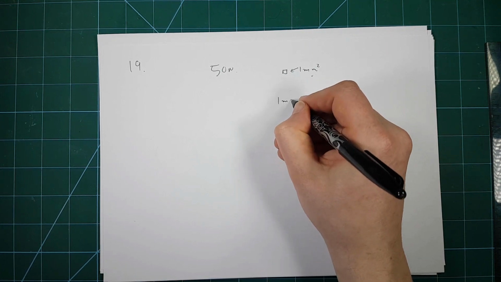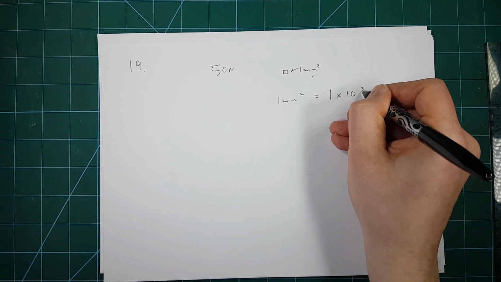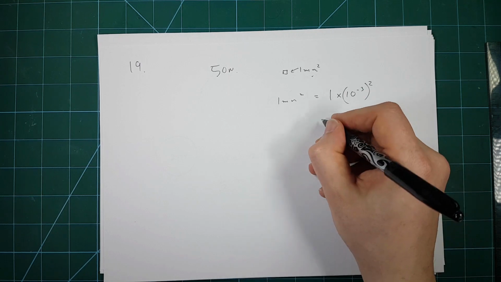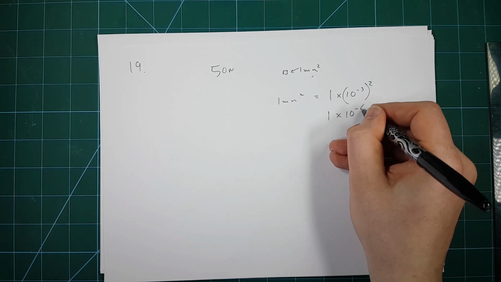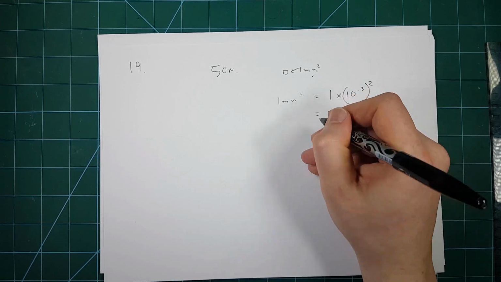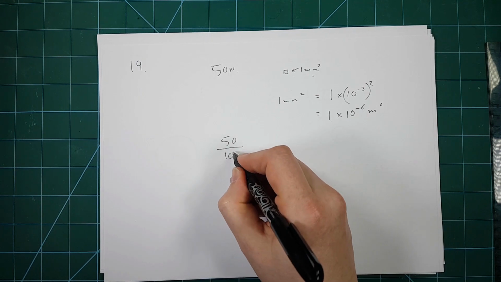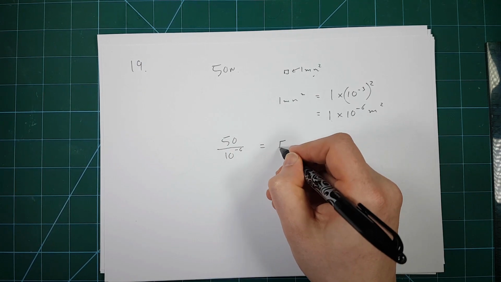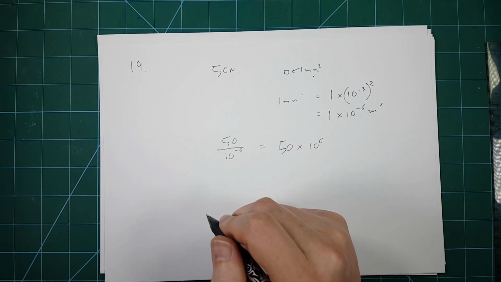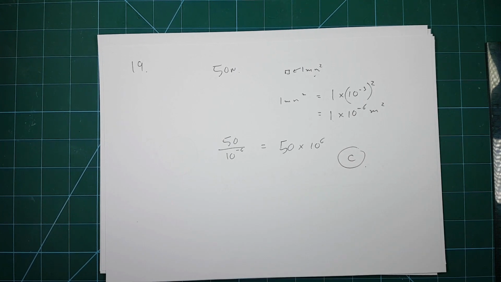So 1 millimeter square is equal to 1 times by 10 to the minus 3, that's to change it to meters, but we're squaring it, so that's squared. So that's 1 times 10 to the minus 6 meters squared. So it's 50 divided by 10 to the minus 6, which is equal to 50 times 10 to the 6, which is between 10 to the 6 and 10 to the 9. So the answer is C.